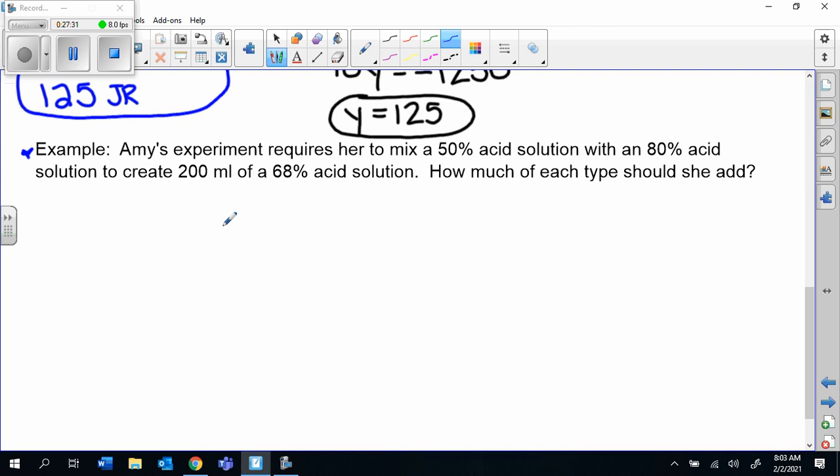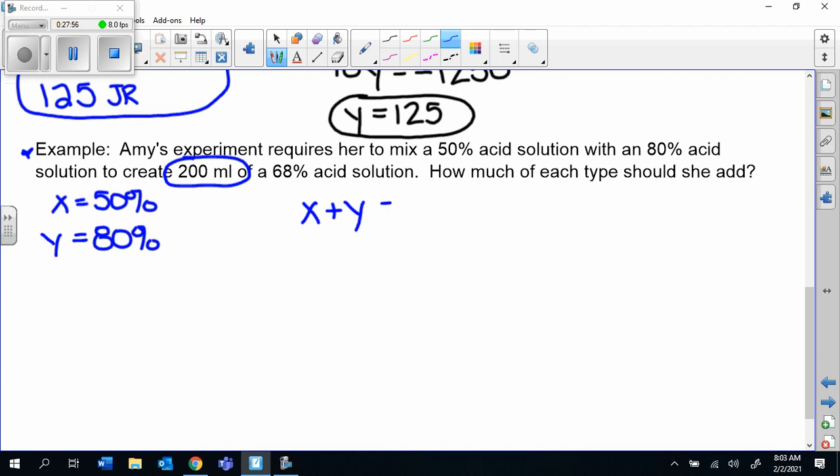How much of each type should she add? Well, let's make X a 50%. Let's make Y the 80%. How many milliliters? That's a volume, so that's our stuff, that's our number of items. So we're going to mix these two things, and it has to add up to 200 milliliters.